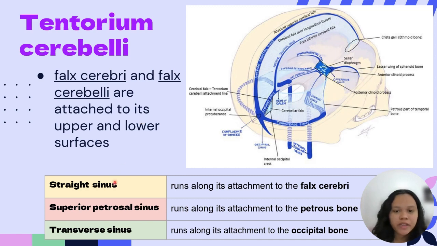And note that the straight sinus here runs along its attachment to the falx cerebri. The superior petrosal sinus here runs along its attachment to the petrous bone. And the transverse sinus here runs along its attachment to the occipital bone.